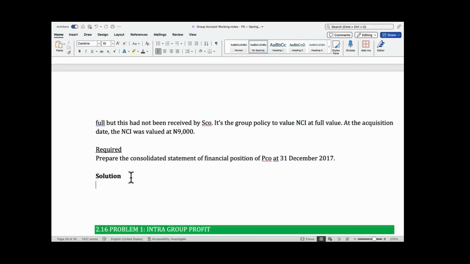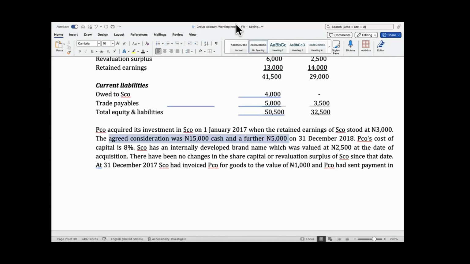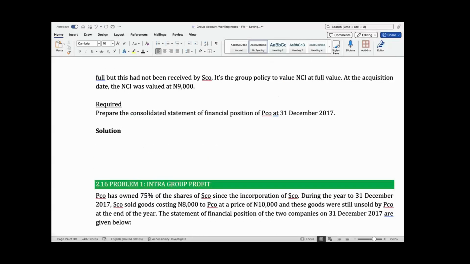So now let's get to it. First, I need to resolve this consideration transferred. Let me use that as my workings one. So consideration transferred.